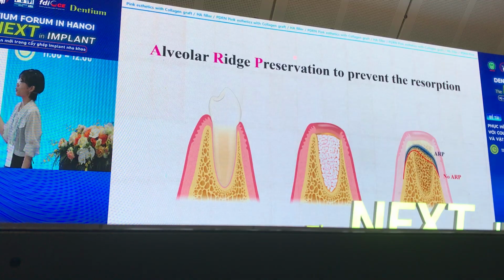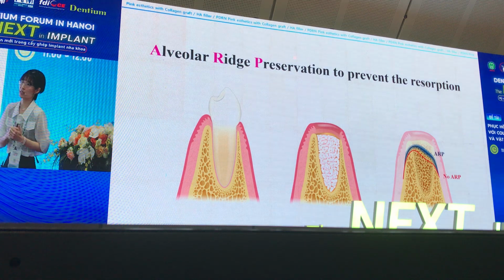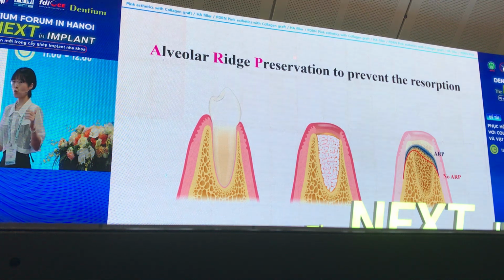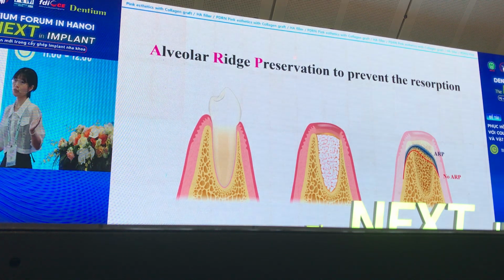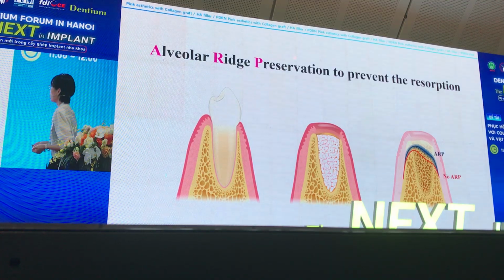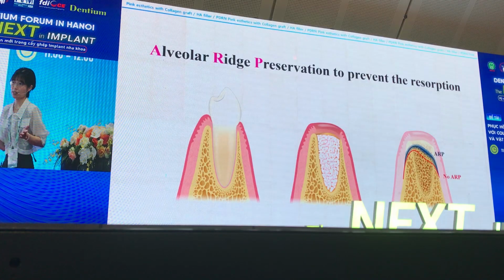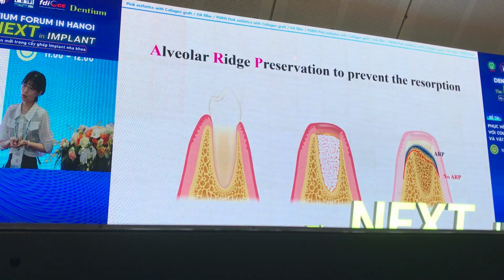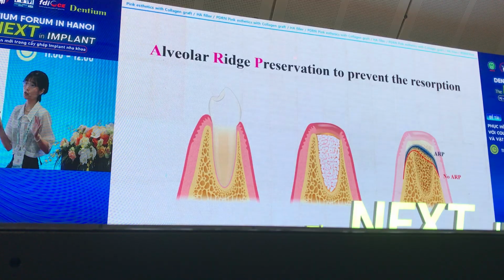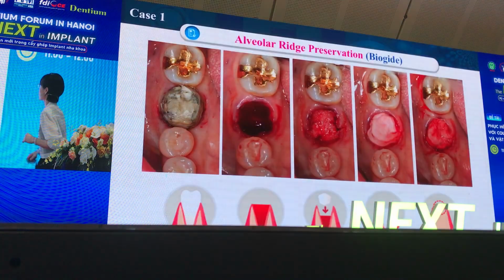So if you want to maintain the bone, or get enough bone for dental implant placement, it is needed to do the ARP when we cannot place the implant immediately. Right? So I usually do ARP when I cannot place the implant immediately after tooth extraction.